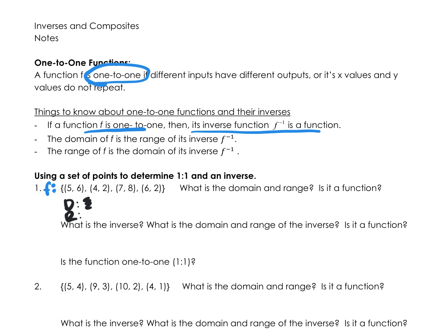Where do I look for the domain, the x or the y values? Which one's the domain? The x values. So what are the x values here? What should be in my domain? Which ones are x values? 5, 4, 7, and 6. So that should be my domain.